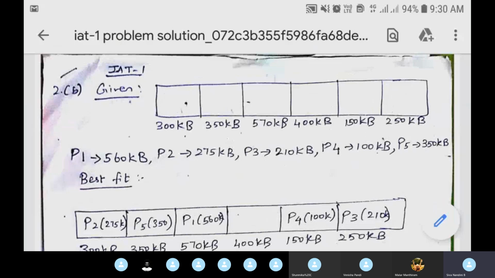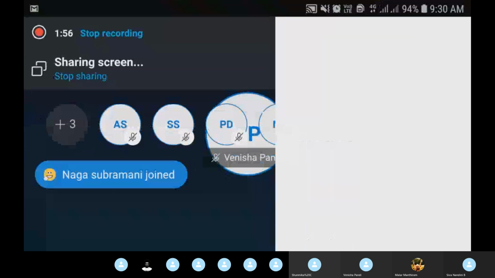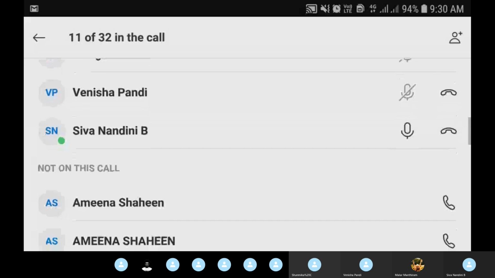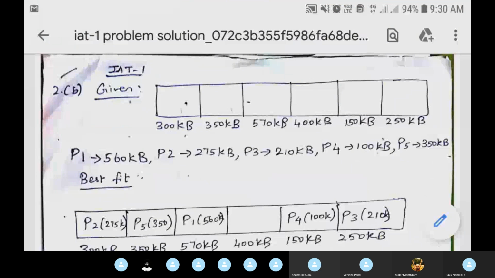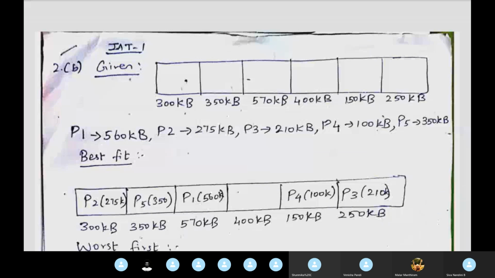It has some partitions, and we have 5 different processes with their memory sizes. The question is to allocate using the best fit and worst fit algorithms.